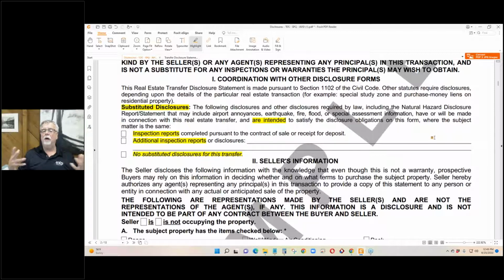Now, what's going on here is the form was written a long time ago, 1987, I think it was, in section 1102 of the California Civil Code.